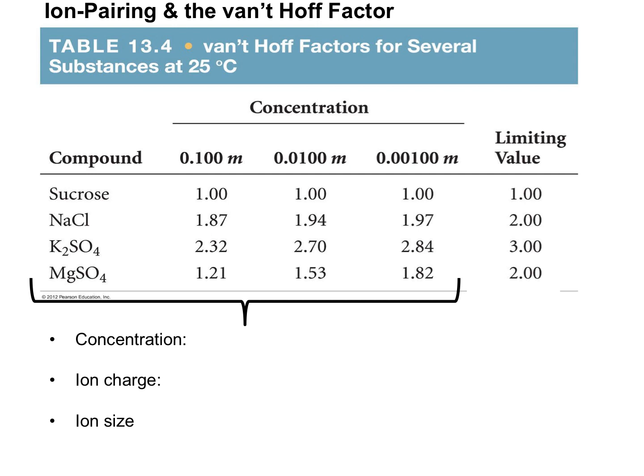Again, more ion pairing. But let's compare sodium chloride to magnesium sulfate at the 0.1 molal concentration. The Van't Hoff factor for sodium chloride is 1.87, and for magnesium sulfate it's 1.21.